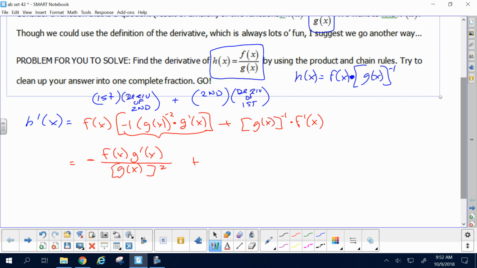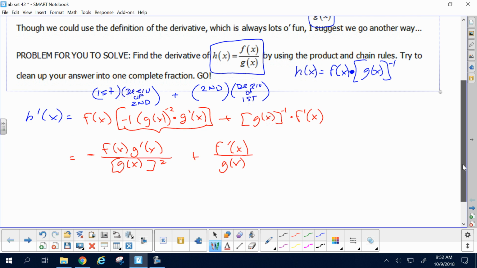And then maybe f prime over g of x just to the first. You agree with my algebra there? I just basically put the g's back in the denominator like they were to begin with. You cool so far? Yes?